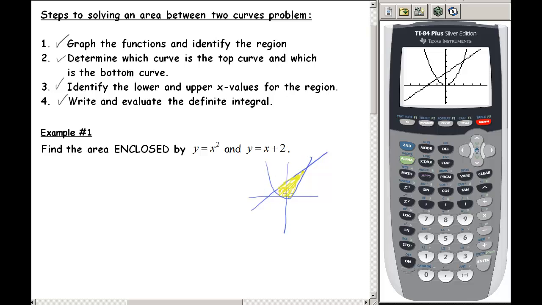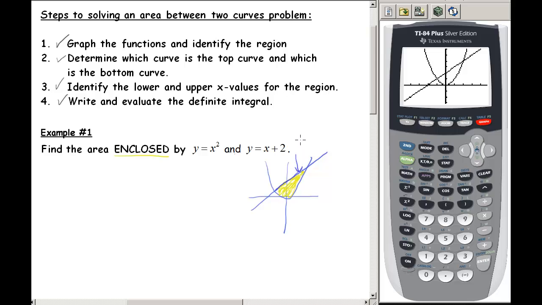So this is the area that's enclosed, and the reason why we use this word enclosed is because all sides of our shape are bounded by our curves, so that the curves make all sides of the shape. So now we're ready to determine which is the top curve and which is the bottom curve.